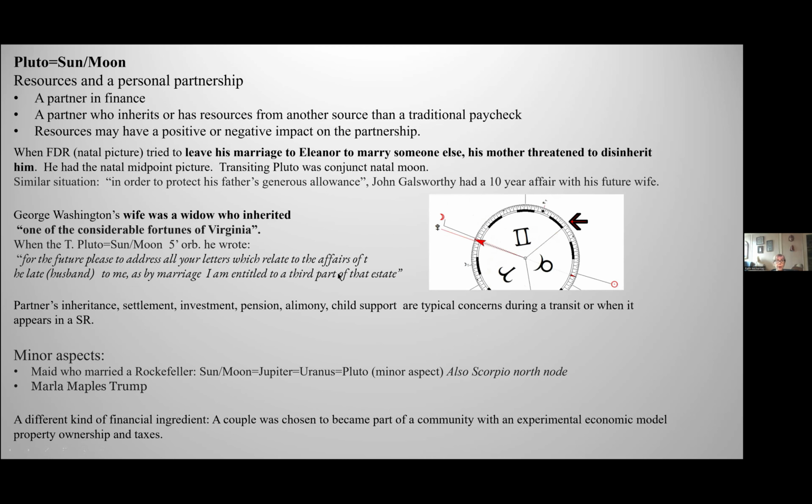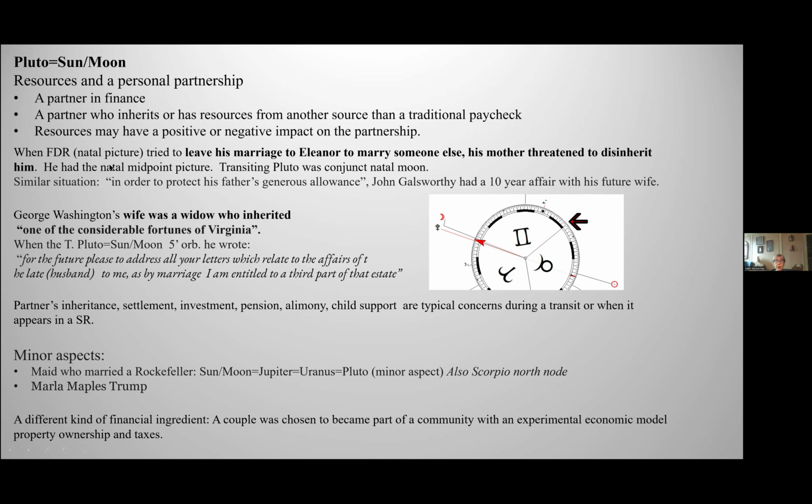So Pluto on the Sun Moon midpoint describes resources and a personal partnership. That can be a partner who's in finance, or a partner who inherits or has resources from another source other than a paycheck, or the resources have a positive or negative impact on the relationship.